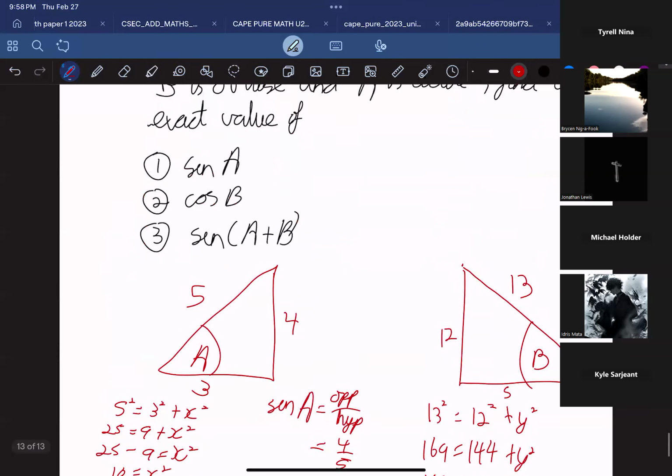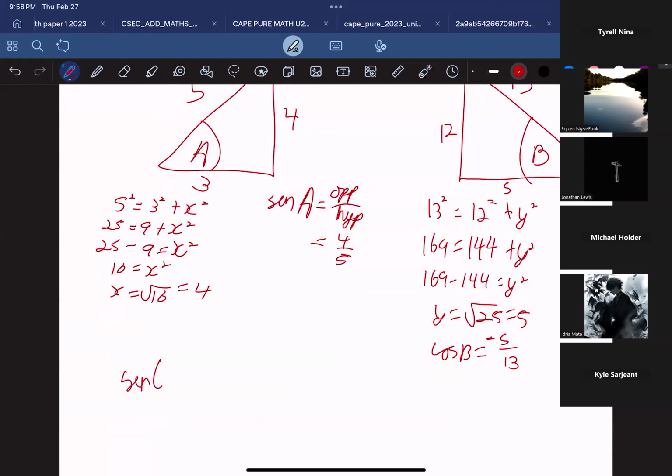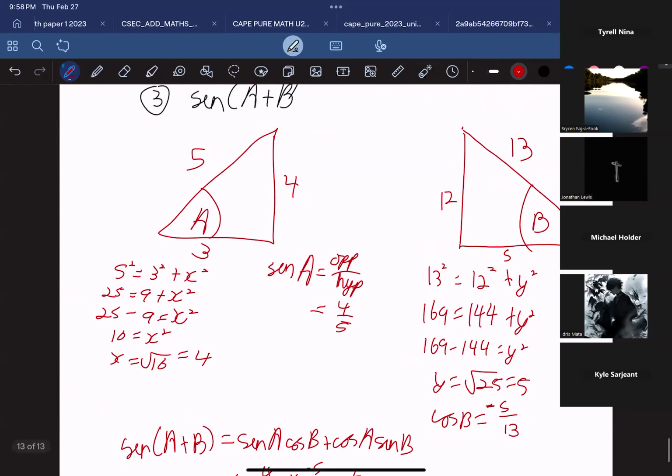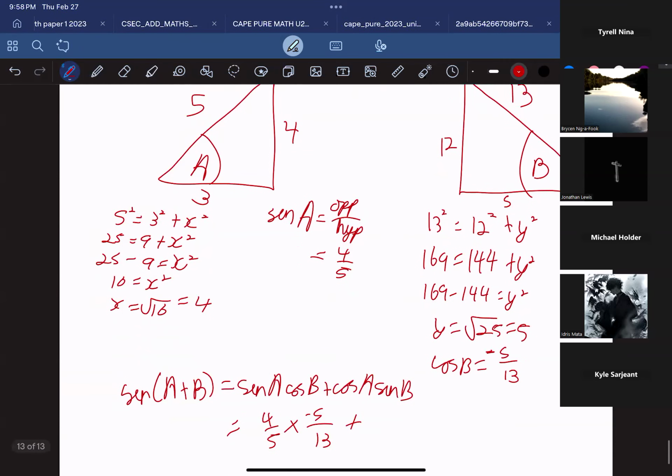Now we'll have sine of A plus B, which is sine A cos B plus cos A sine B. So sine A is 4 over 5 times minus 5 over 13, plus cos A is 3 over 5 times sine B, which is 12 over 13.